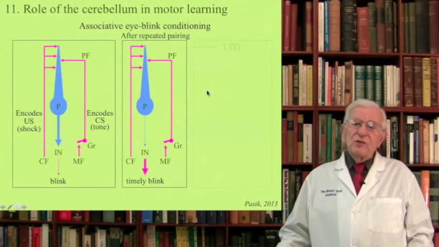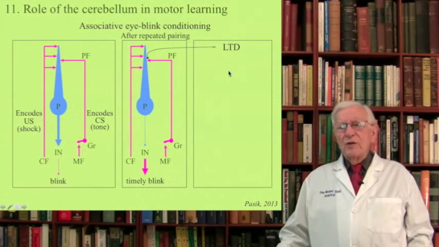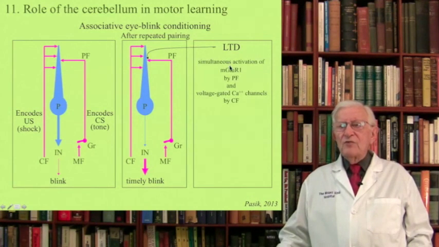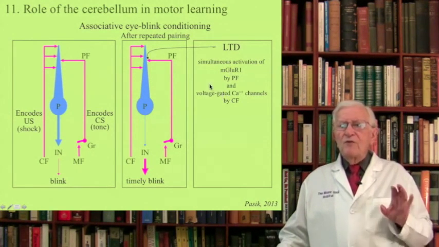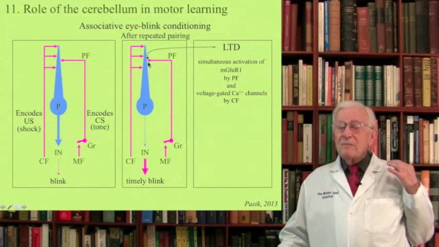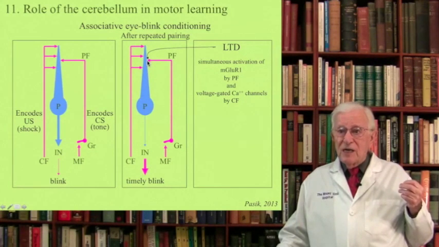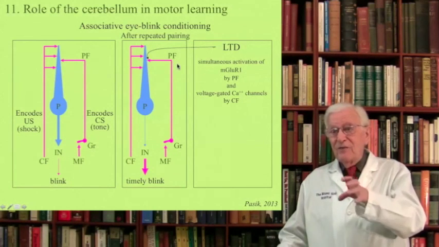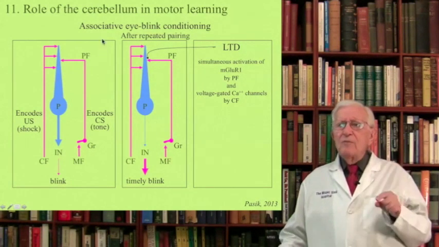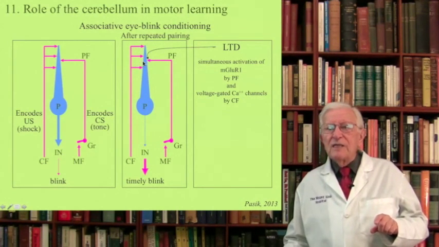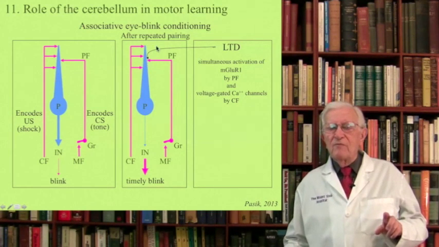The interesting thing is that now there is evidence that the long-term depression at this kind of synapse involves, first of all, the simultaneous activation of metabotropic glutamate receptors, which are at this synapse, all right, and that are activated by the parallel fiber system, simultaneously with voltage-gated calcium channels that occur here as a result of the discharge of the climbing fiber.